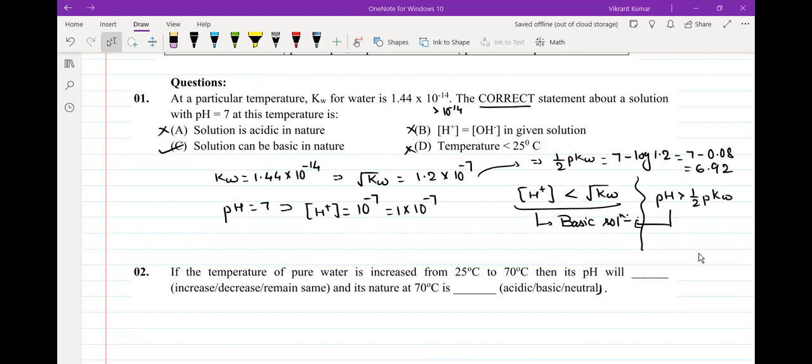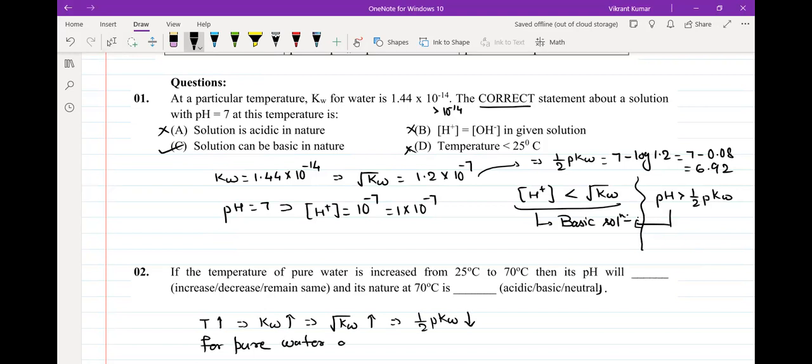So when temperature is increasing, we say Kw will increase. If Kw is increased, root Kw will increase. And if root Kw is increased, half pKw will decrease now. For pure water at any temperature, pH was equal to half pKw.